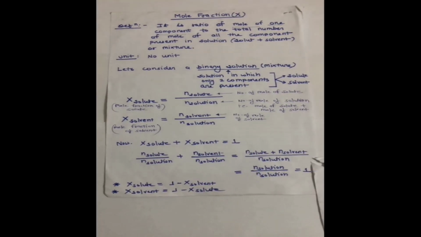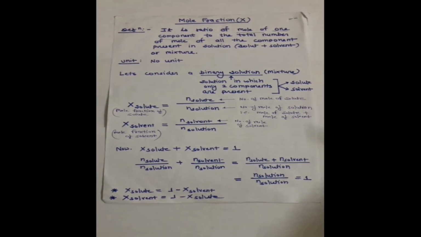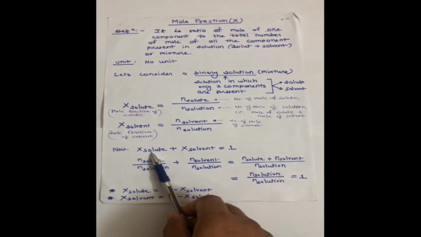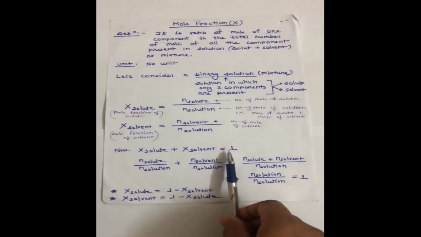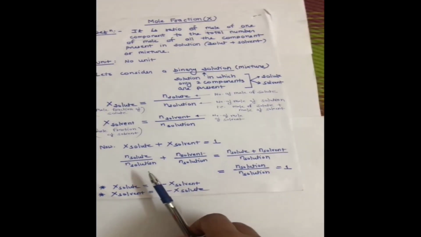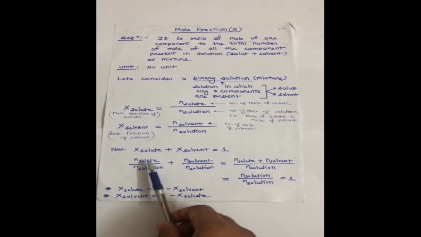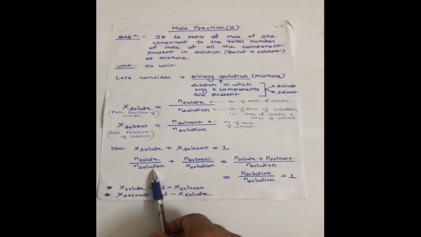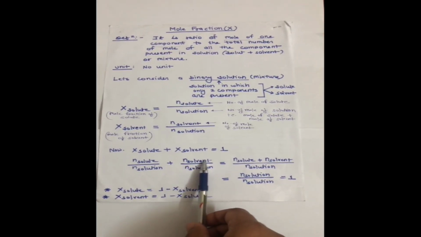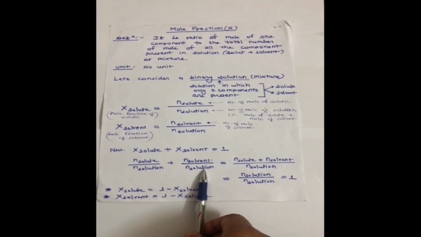Remember one more important thing, that is if we sum the mole fractions of two components, that is X solute plus X solvent, it is always equal to 1. See how. What is X solute? Number of mole of solute divided by number of mole of solution, plus number of mole of solvent divided by number of mole of solution.